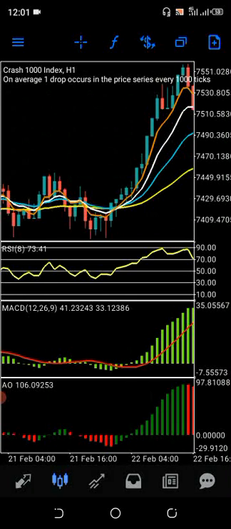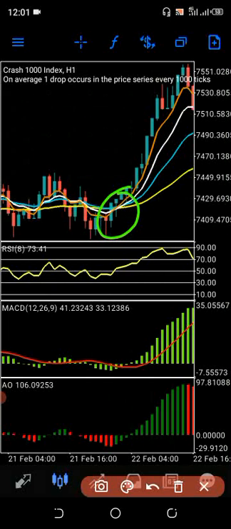Number 1, all your moving averages must cross together. 2, your RSI must be above 50 levels going over to 70. 2, everything you see on MACD must change direction to your green candles becoming bigger and bigger. There must be a lower drop first.